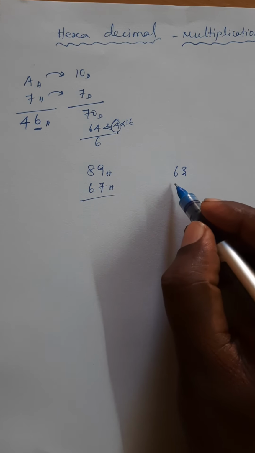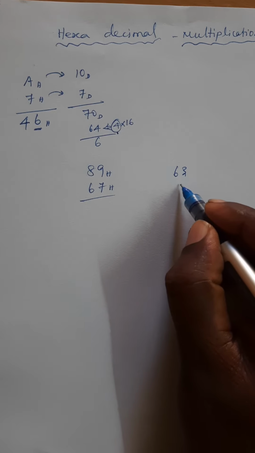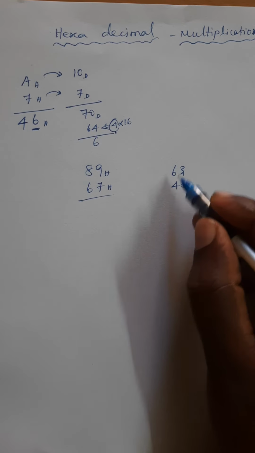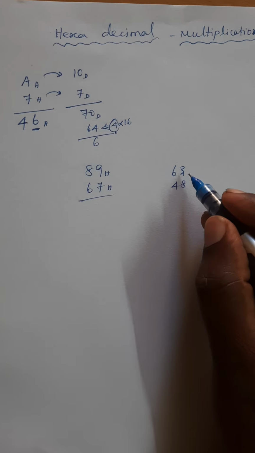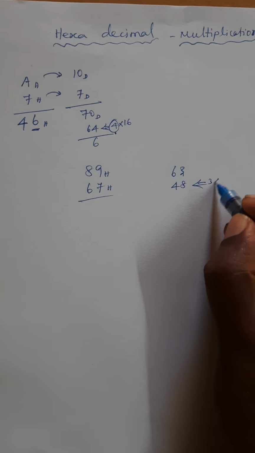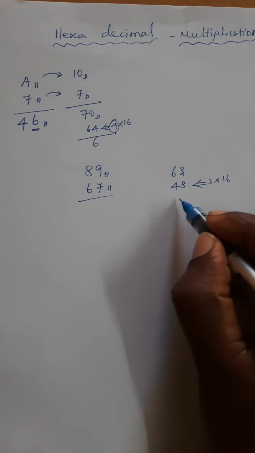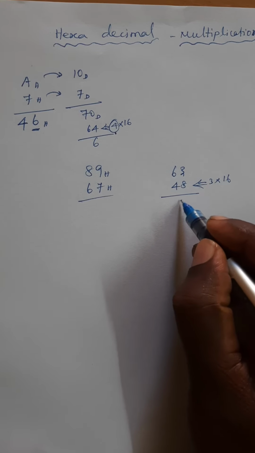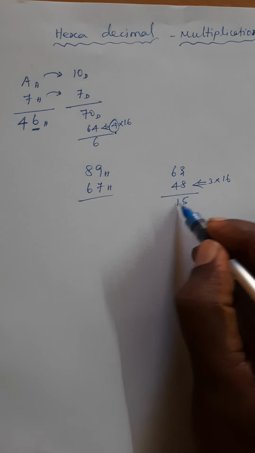In 63 we can have 3 times 16. 3 times 16 is 48, because 4 times would be 64, which is too much, so we need to do it 3 times. So 63 minus 48 is obviously 15, right?